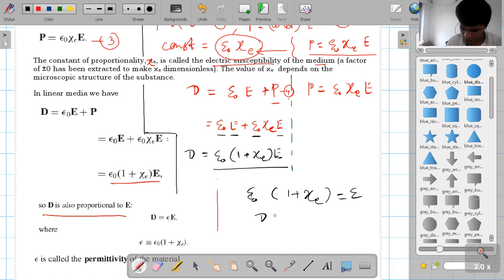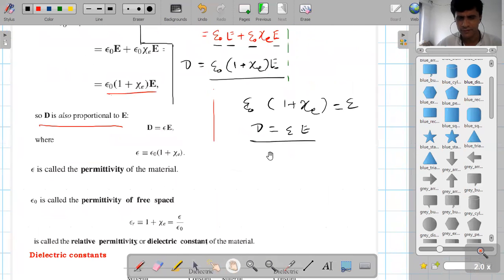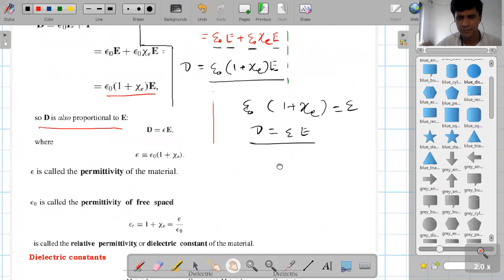So can we write D equals epsilon E? Is it correct?